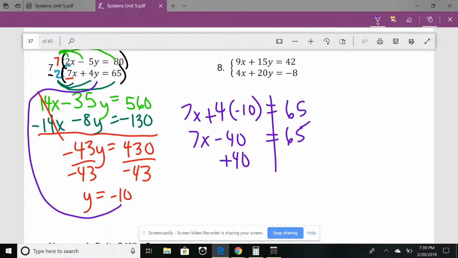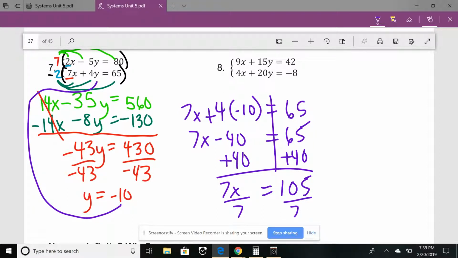Add 40 to both sides. You get 7x is 105. Divide both sides by 7, and you get x is 15. So my solution then is 15, negative 10.